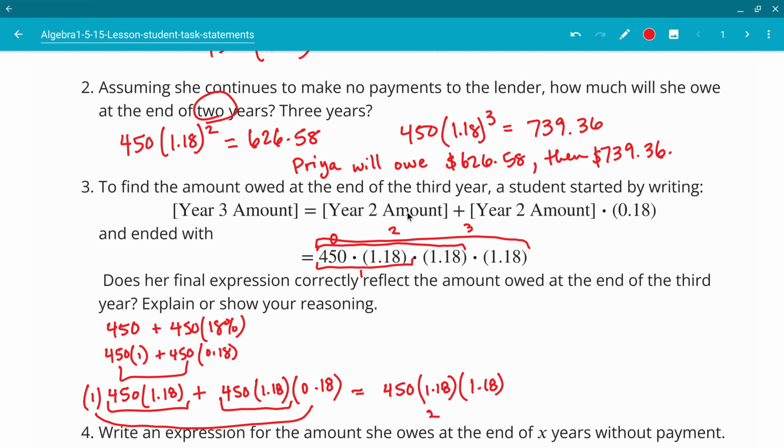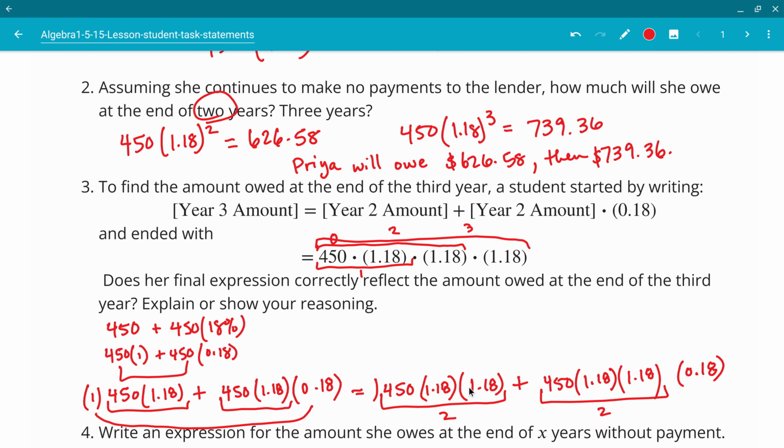Now we can add on to the year 2 amount 18% of the year 2 amount. So we'll rewrite this, 450 times 1.18 times 1.18. And remember, this whole part right here, that's the year 2 amount, and we're multiplying that by 18%. Just like last time, this part, 450 times 1.18 times 1.18, is the same thing as multiplying all of that by 1.